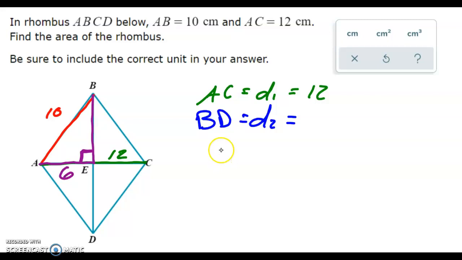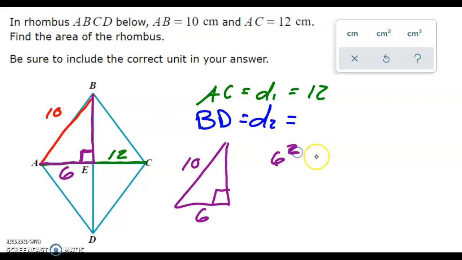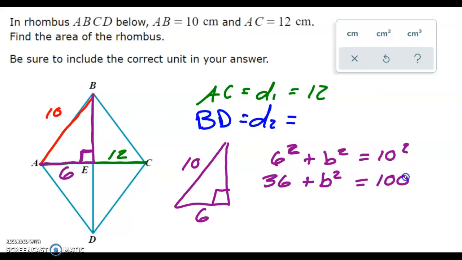So we've got a right triangle right now with one of the legs 6, the hypotenuse of 10. If you know your Pythagorean triples, you might already know this answer. If not, we've got 6 squared plus b squared equals 10 squared, which will be 36 plus b squared equals 100.